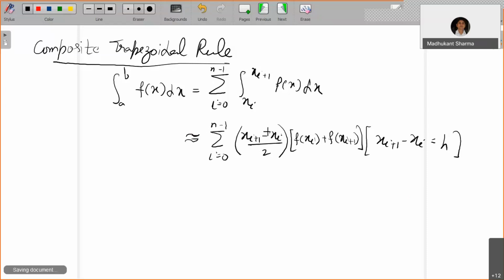If you take uniformly spaced points, this is h by 2.